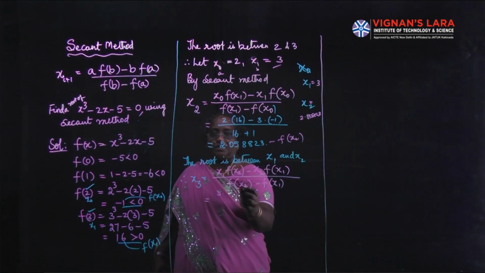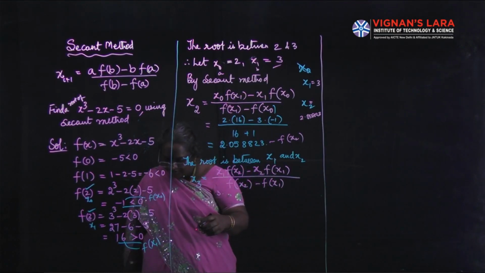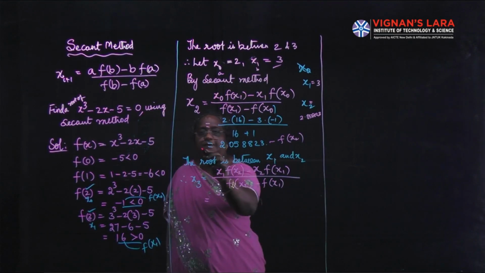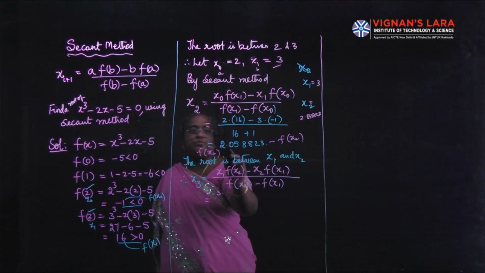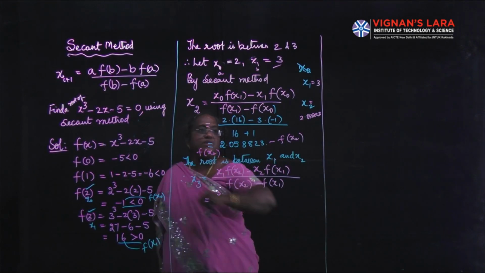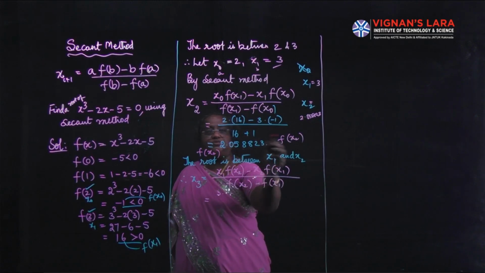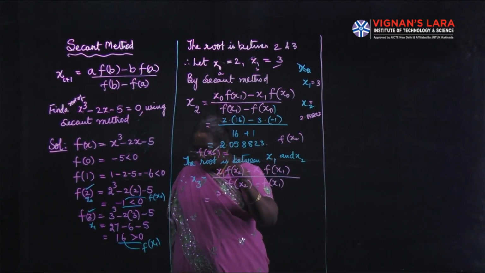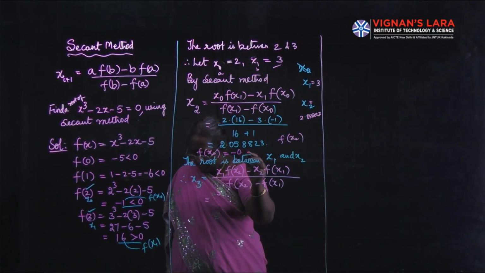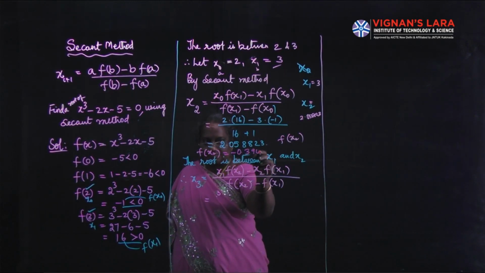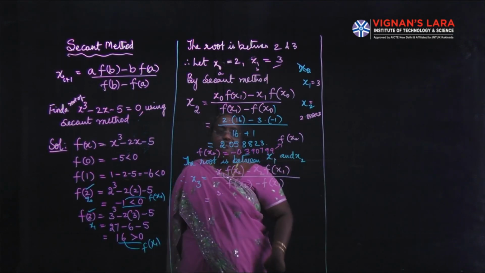Here we didn't calculate f of x2, so let us see what is f of x2. Substituting 2.058823 in this, we get f of x2 as minus 0.390799. So this is our f of x2.